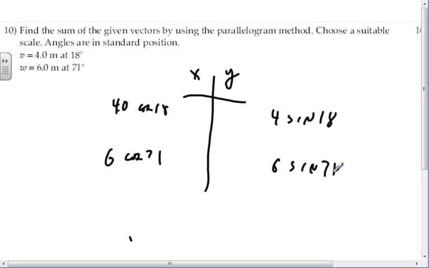So I just put those in my calculator. 4 times cosine 18, 3.8.